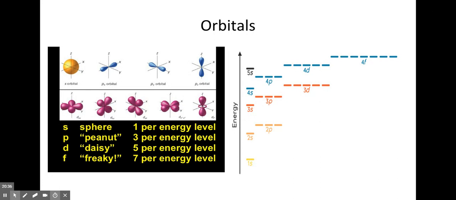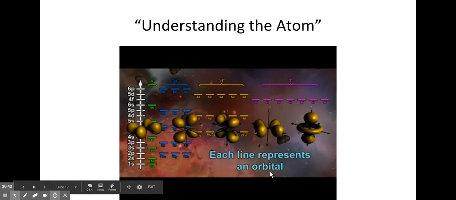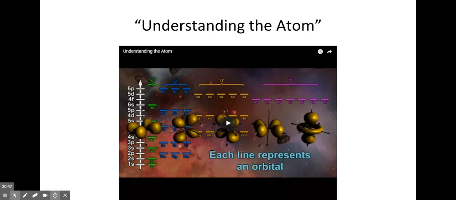Now this quantum model gets complicated pretty quickly. So I have included a video here. I'm not going to play it here, but you should probably take a look at this at home. Maybe you'll be lucky enough to have a few spare moments in class where you can look at this.